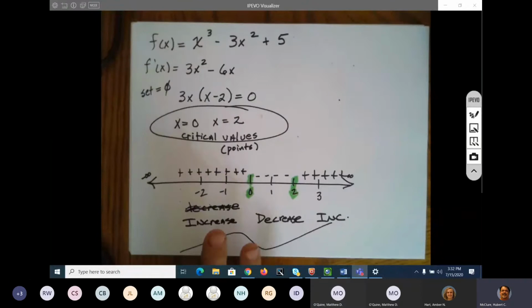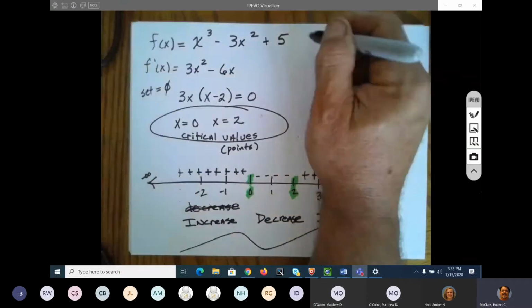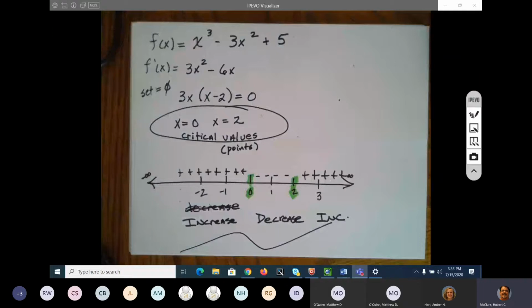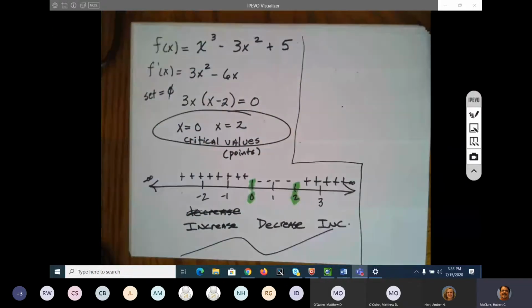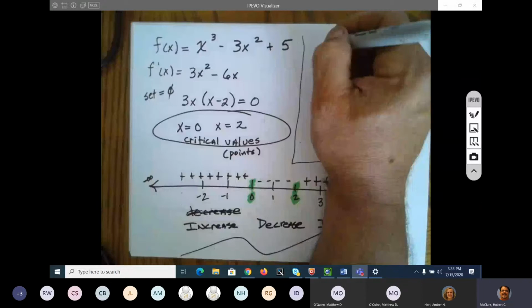Now we're going to do the second derivative. So I'm going to draw a line down through here. And now in magenta, I'm going to do the second derivative.